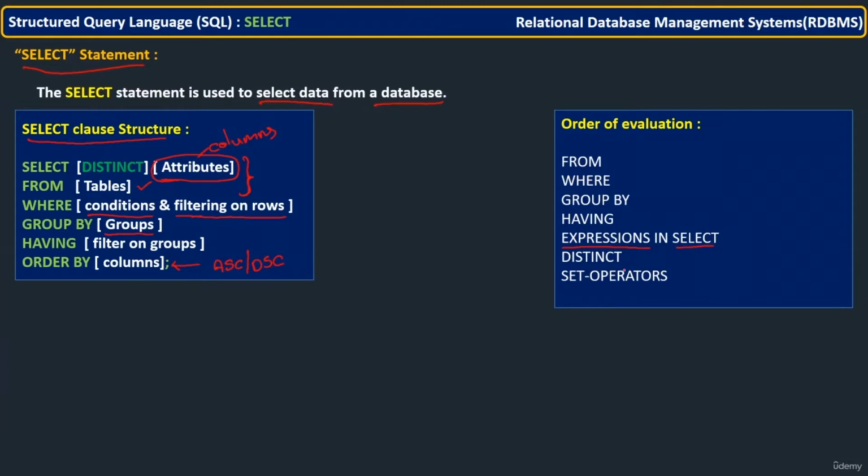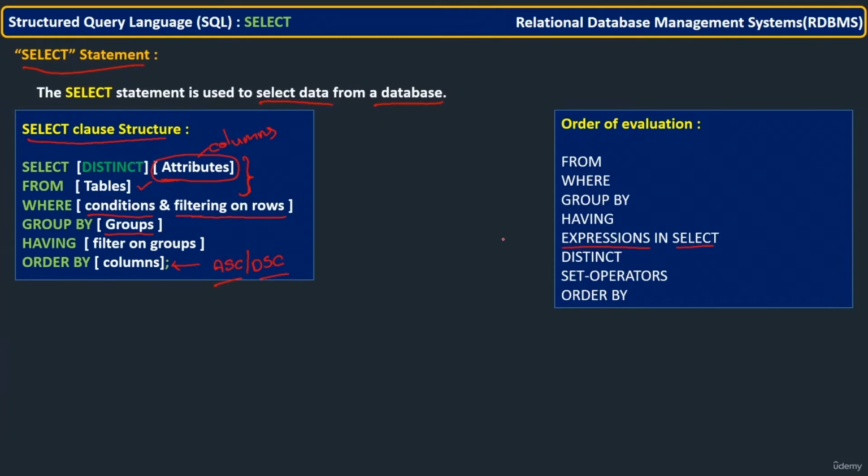And after the final data is ready, even after the set operators are completed, you display the data in a specific order, ascending or descending based on what is mentioned. So this is the order of evaluation whenever you have a select statement.